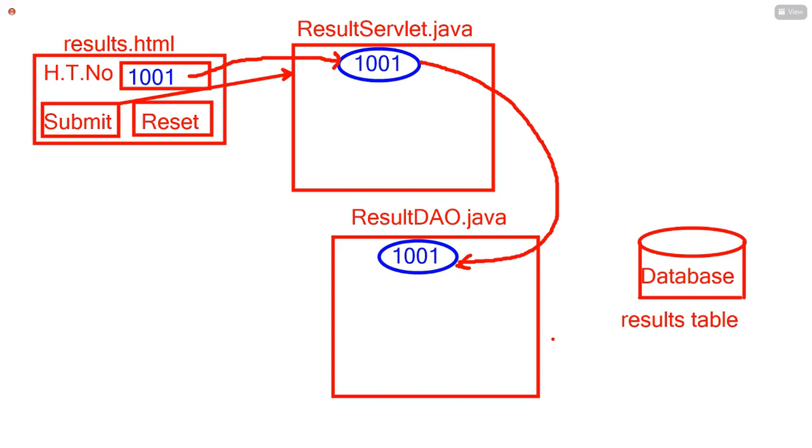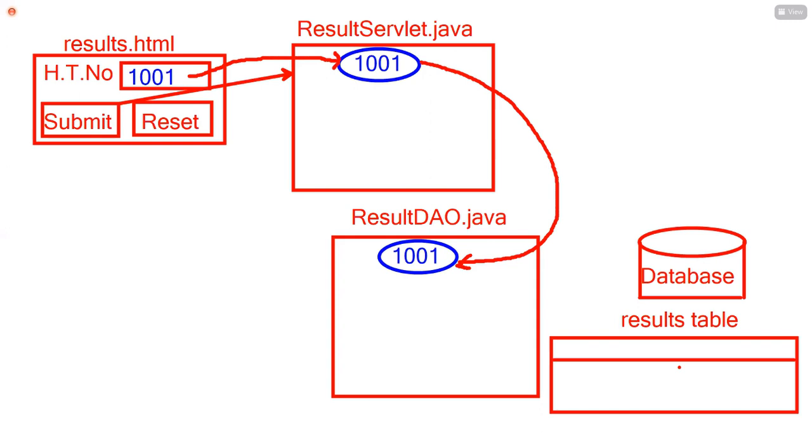In this table, suppose hall ticket number, name of the candidate, C language marks, C++ marks, Java marks.